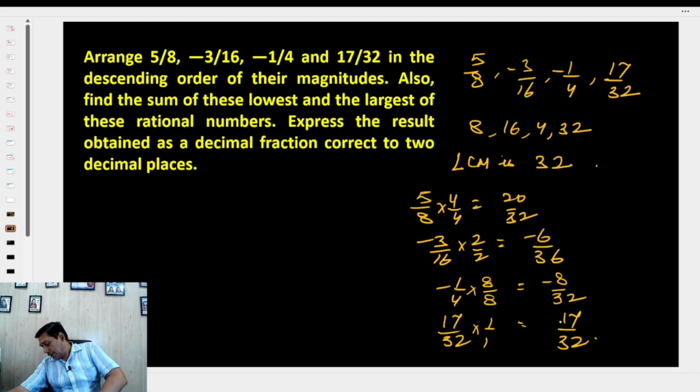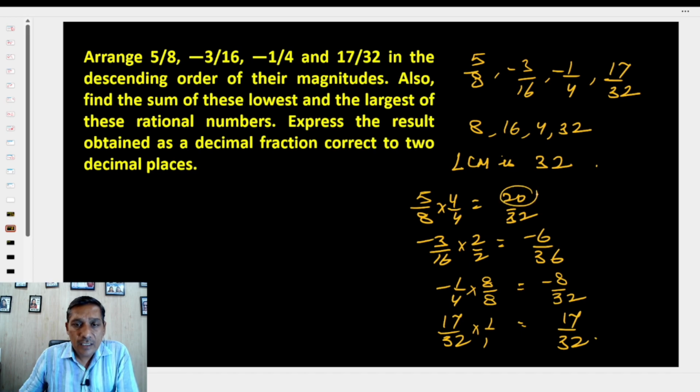I want the numbers to be arranged in descending order. Descending means greater to smaller. So I can see here 20 is the greatest numerator and minus 8 is the smallest numerator.